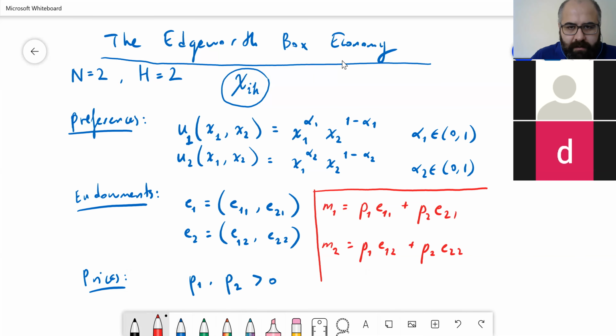Now, if you think about this problem, the utility function is Cobb-Douglas. Incomes are going to be taken as given.